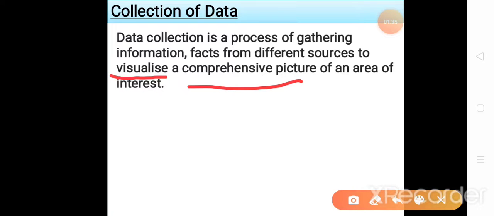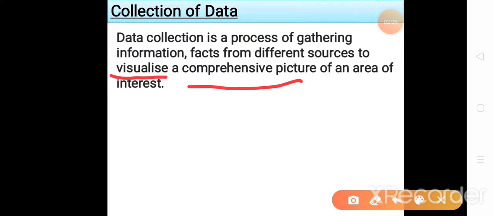After that, we have to analyze them in a very detailed manner. After that is done, that data can give us a clear picture of the greatest height in that class as well as the shortest height. So this is an example of a detailed or comprehensive picture of the area of interest, that is finding the height.